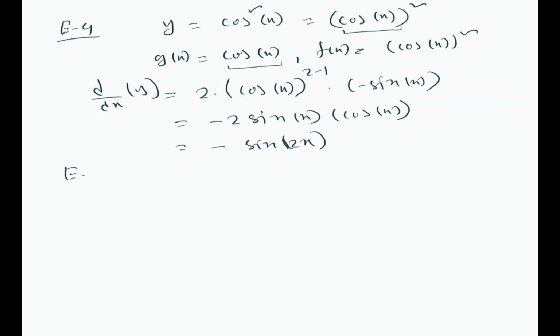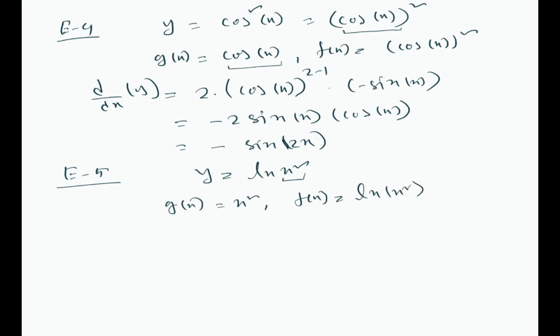Example 5. So our function is y is equal to ln of x squared. So our inner function g of x would be this term, x squared, and the outer function, which is f of x, would be ln of x squared, right? So the derivative dy/dx is first the outer function.